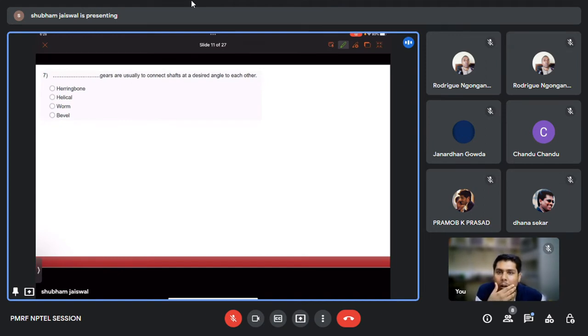Gears are usually used to connect shafts at desired angles to each other. Which of the following gears is used to connect the shafts at desired angle to each other? Herringbone gear, helical gear, worm gear, or bevel gear? Anyone?